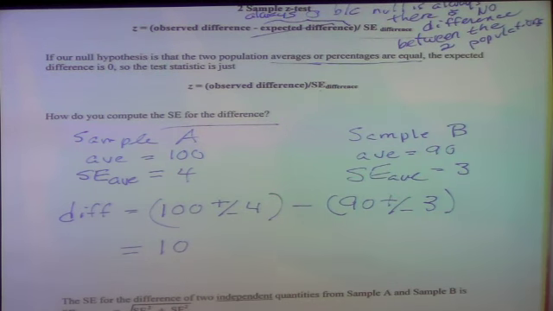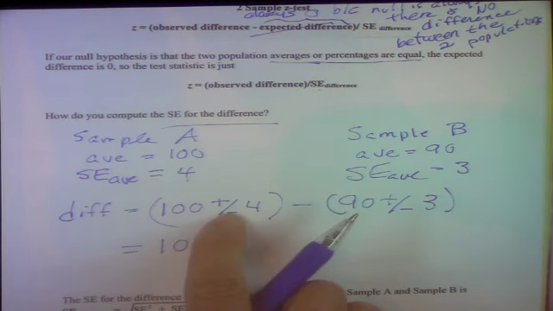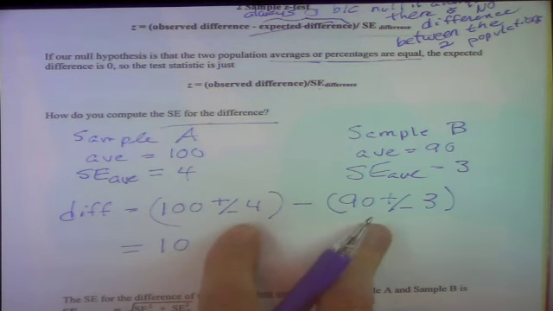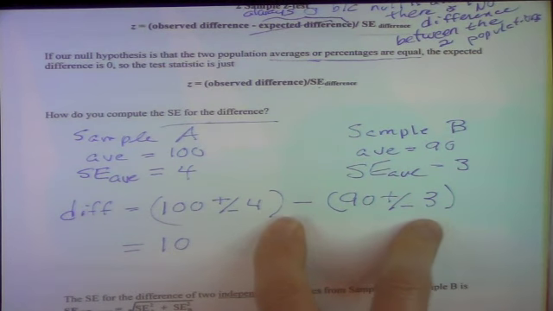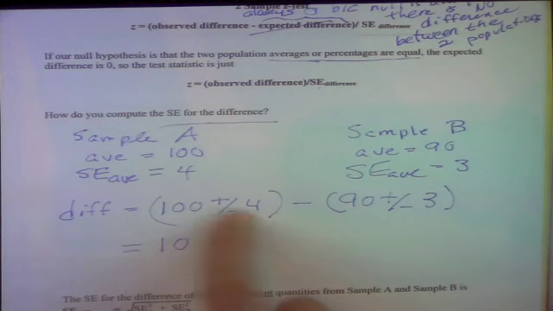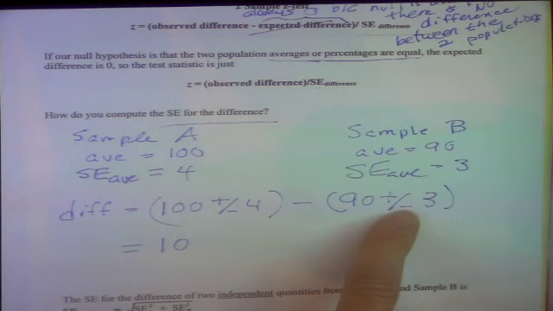But since it's plus or minus, they could cancel out. For example, if you think it's 7, how would we get 7? You'd have to get a plus 4, 104 here, that difference, and then you'd have to get really low here at negative 3. So you'd get a minus negative 3.